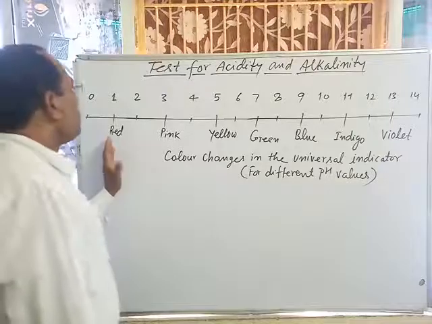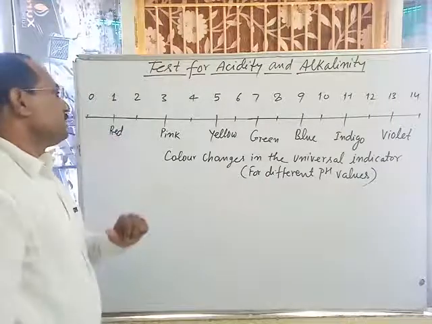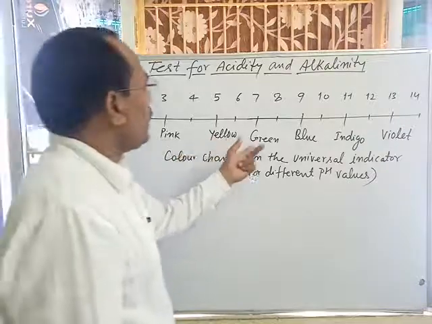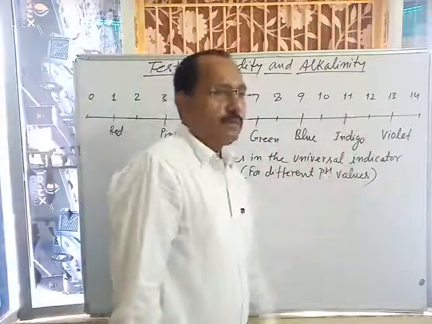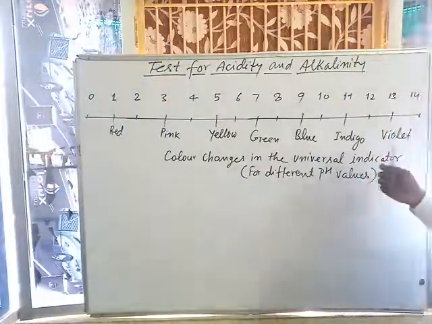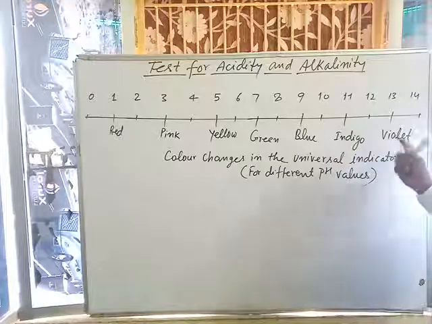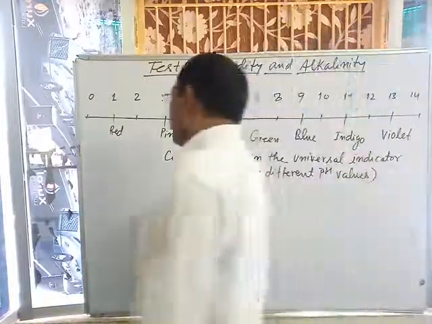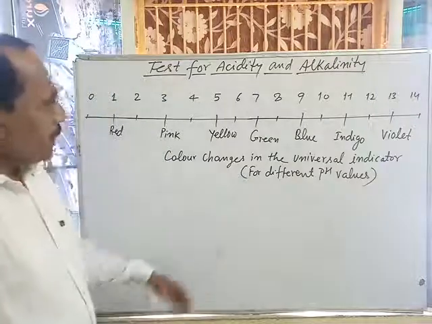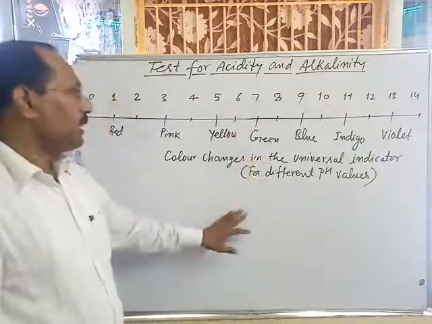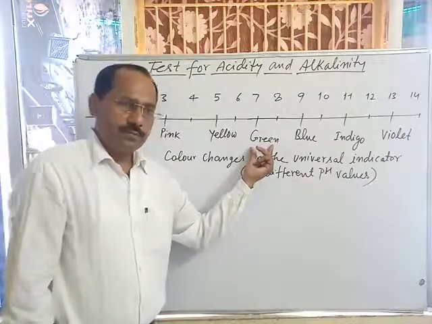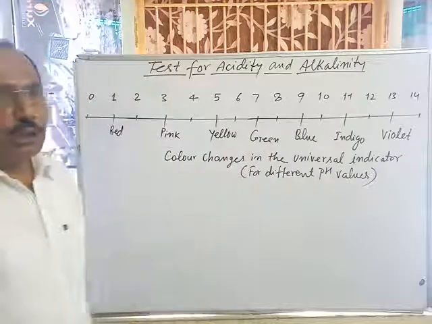As the pH of the solution increases, its color changes from red to pink, pink to yellow, yellow to green, green to blue, blue to indigo, and finally violet. If the color of the universal indicator in a solution becomes violet, the solution is strongly basic in nature. If the color becomes green, the solution is neutral.